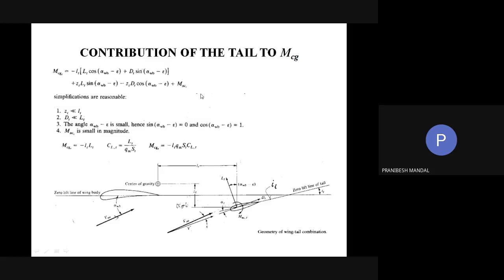So only one thing is left behind, that is LT into LT. Remember that I already told you that as we are having some negative lift in the tail, that will ultimately make it positive. Yes, sir, positive.